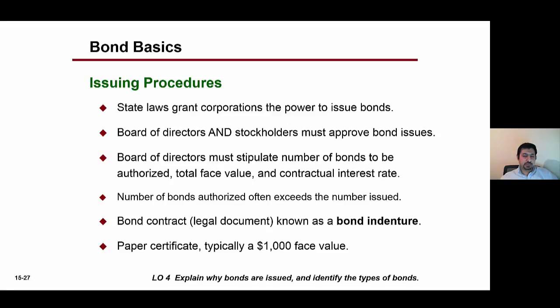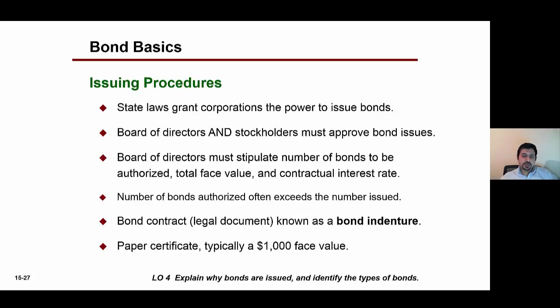And this information regarding the bond and the contract rate, etc., is all found in a legal document called the bond indenture. This is not the bond certificate itself. The paper certificate, which we will see in a few minutes, usually indicates the face value and the contractual interest rate, but the bond contract is the actual document that would include various information.